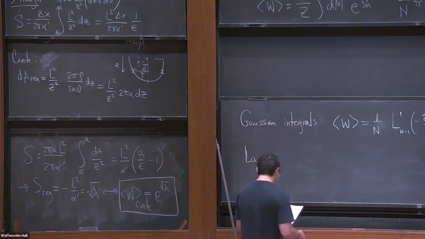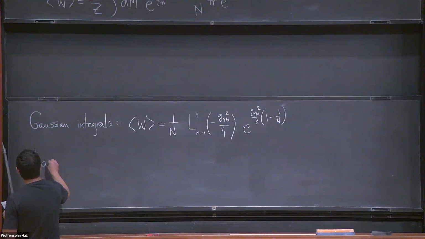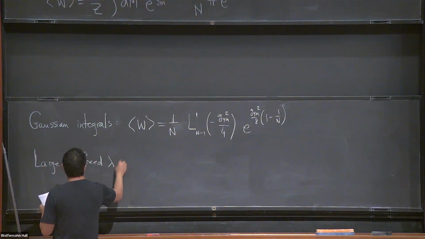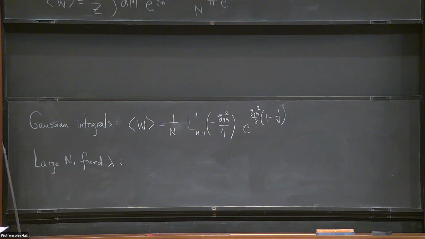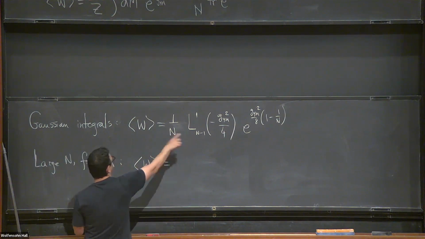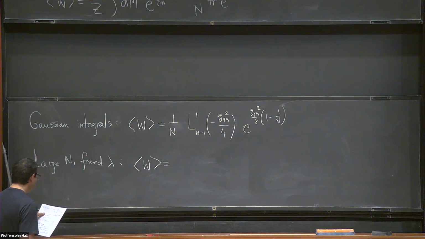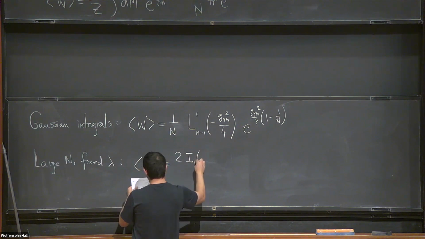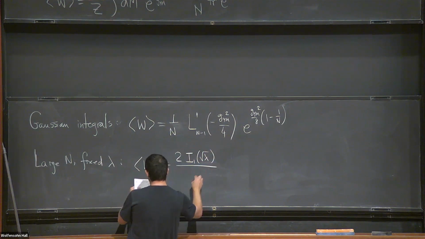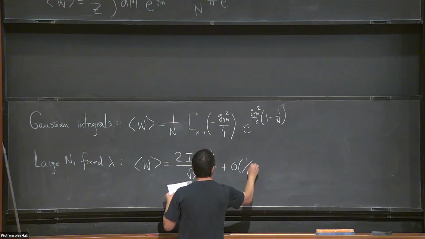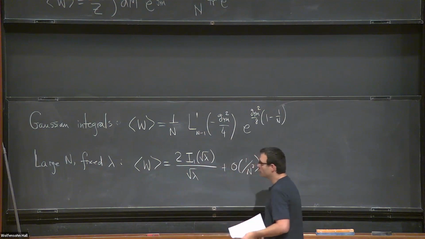N. So at large N, fixed lambda, and I'll show you next time how to get this answer without doing that, one can get this expression approximates to 2 I1 of square root of lambda divided by square root of lambda plus order 1 over N squared corrections, where I1 is a Bessel function.